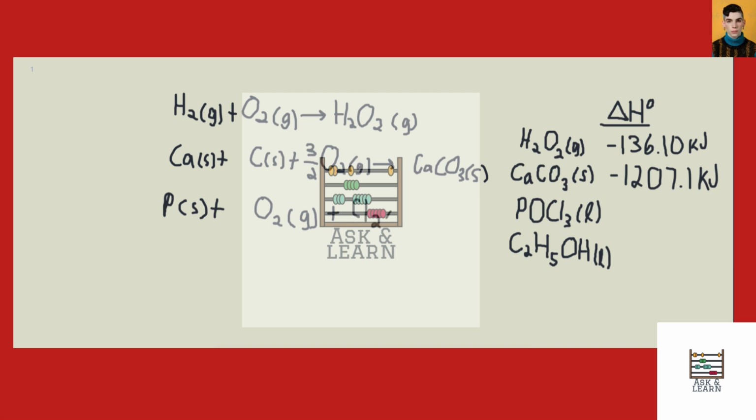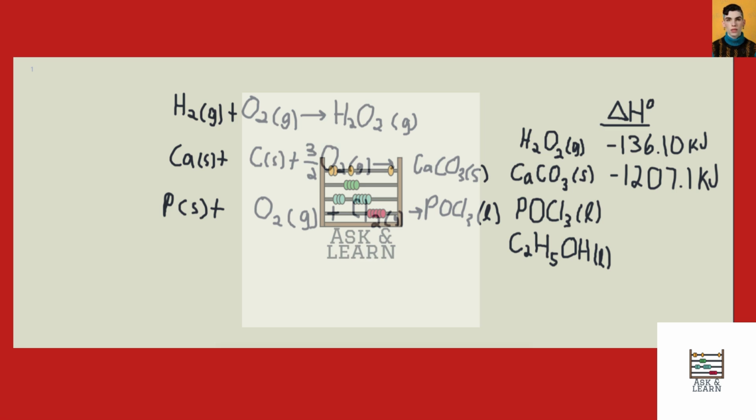Cl2 gas yields POCl3 liquid. So we have one phosphorus on the left, one on the right.